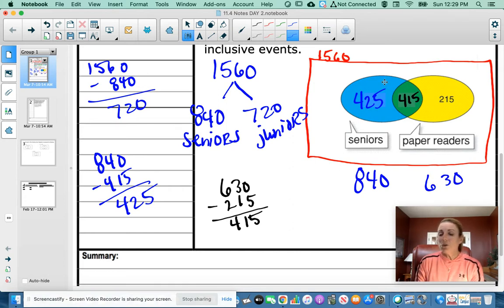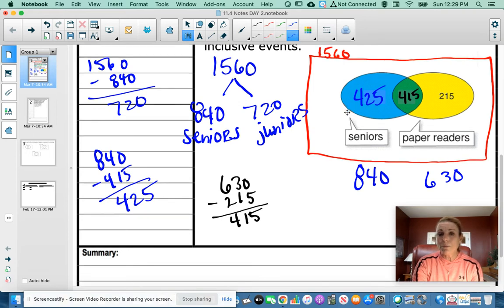So what's in this circle are seniors who are paper readers. Everything outside here are basically going to be the juniors that are not paper readers. So this whole thing represents 1,560. We're ready to do our probability.